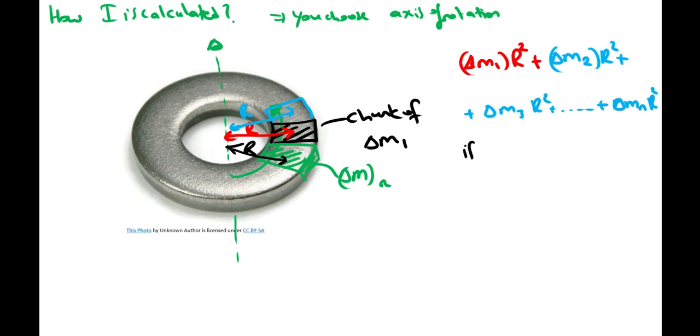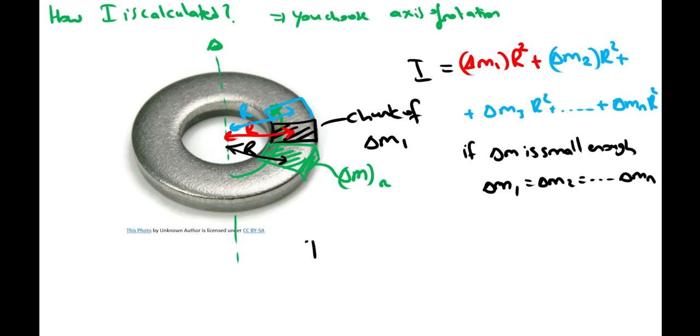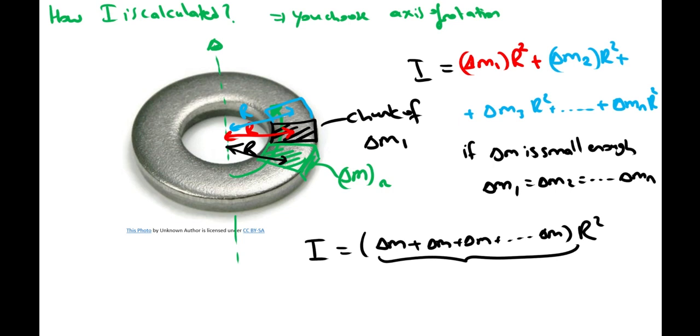If delta m is small enough, then delta m1 equals delta m2, and so on up to delta mn. This is the I that we are calculating. The I value will be delta m plus delta m plus delta m plus delta m, all times r squared, and this all is the m total of the washer.